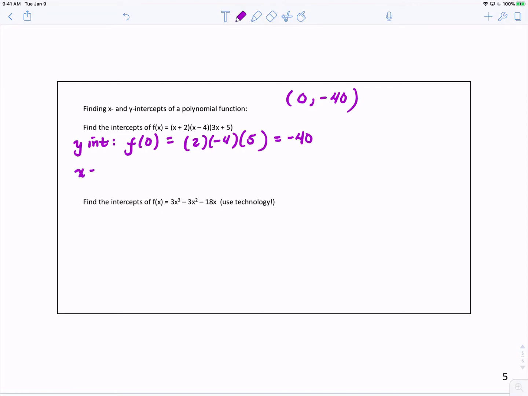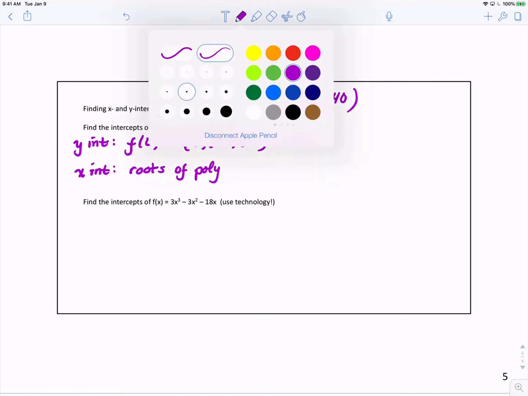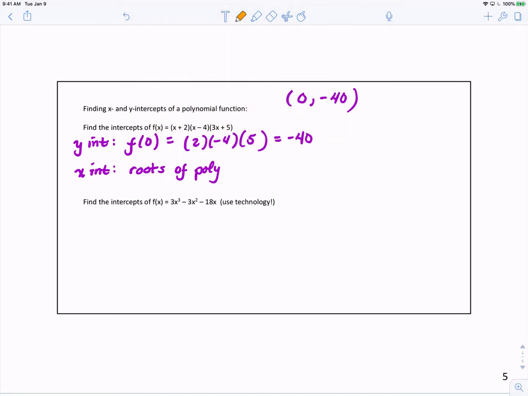For the x-intercepts, we're looking for the roots of the polynomial. In other words, where is the polynomial equal to 0? The roots of a polynomial are very easy to find if the polynomial is in factored form, which this first one is. Because remember, a product can only be equal to 0 if one of the factors is equal to 0.